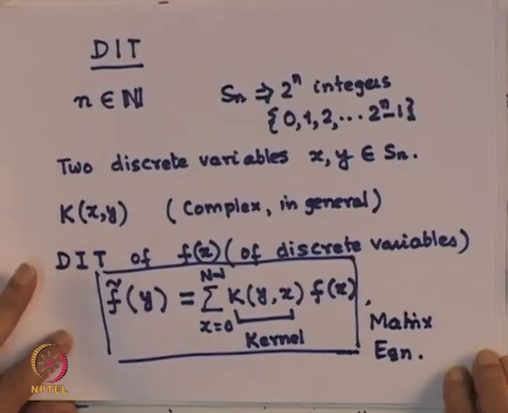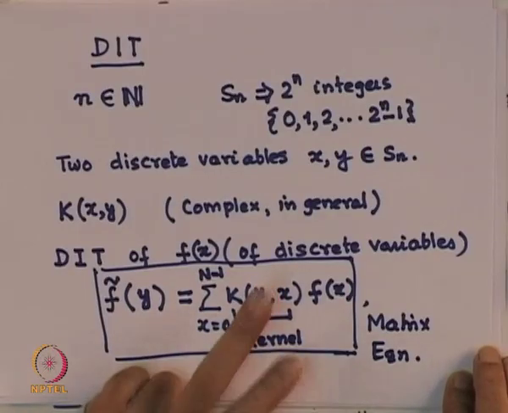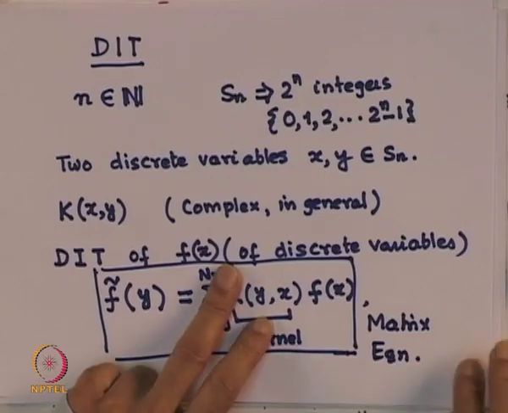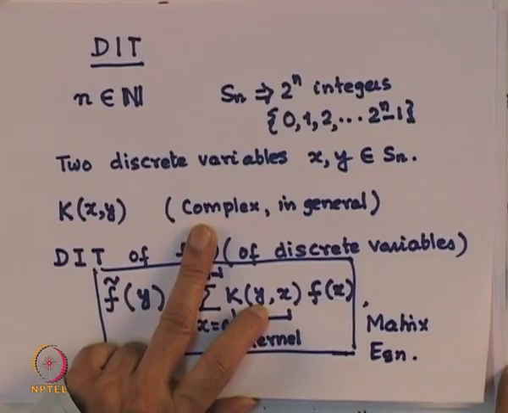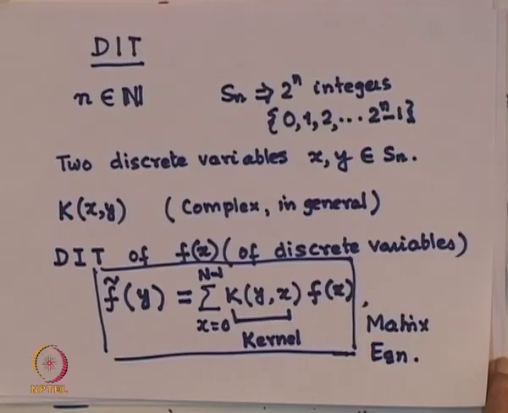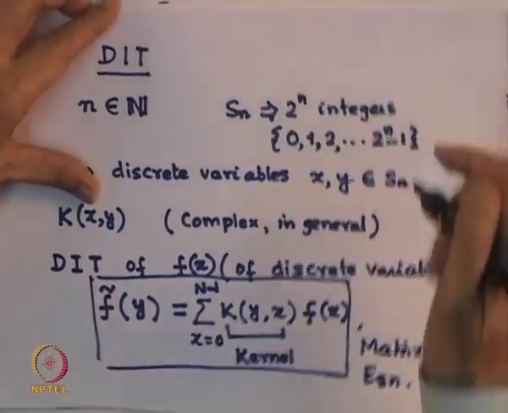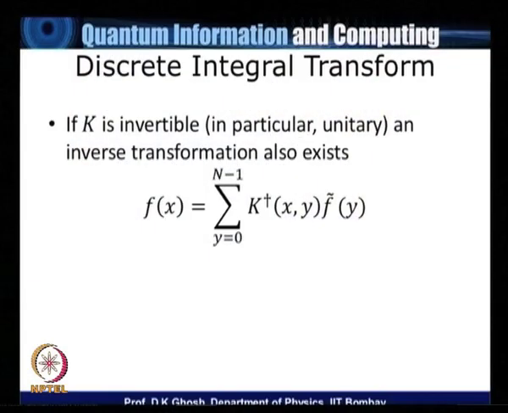Now let us suppose this kernel is invertible. My general definition would simply require that it is invertible, but suppose I make an additional demand which is not required for this definition, but is required when I talk about the kernel corresponding to the quantum computation. Supposing this k happens to be unitary.